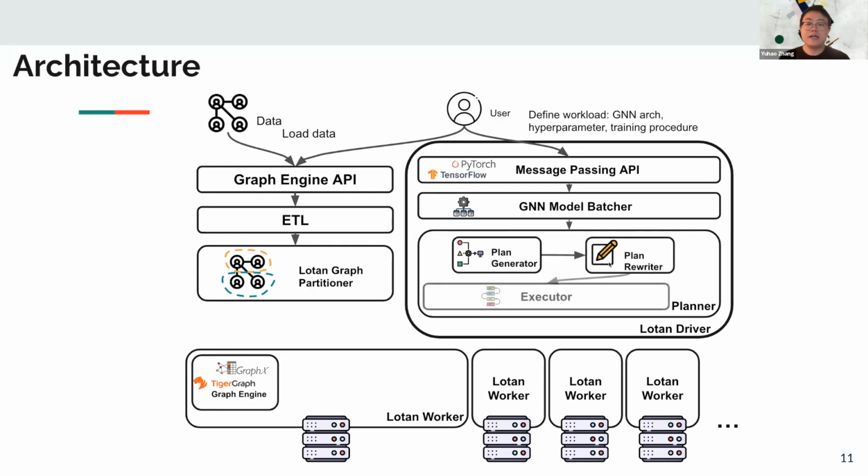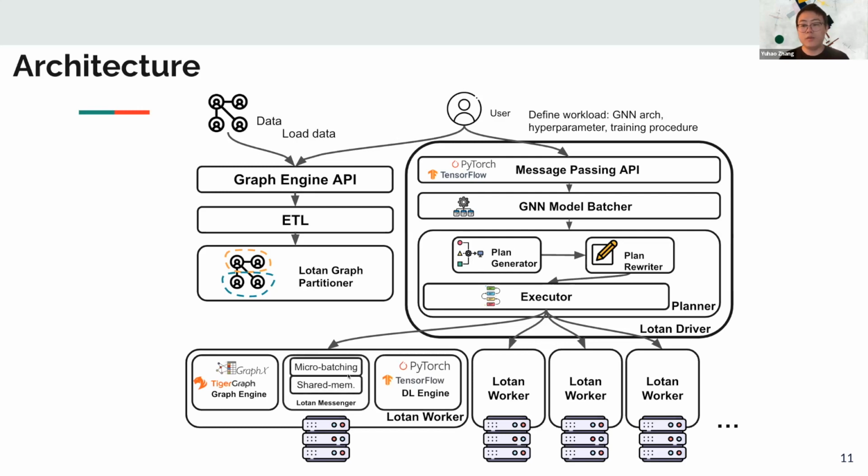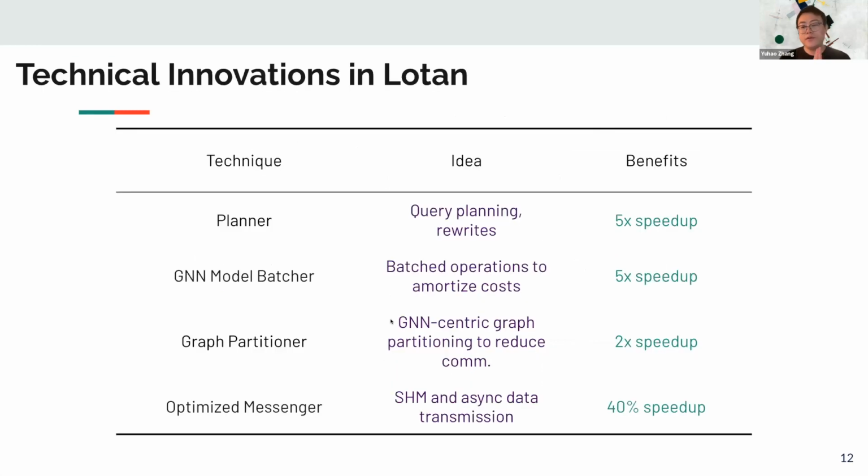The tasks are then distributed to the backend graph engine and deep learning engine, which I mentioned earlier are existing systems without modifications. Between them is a component we call messenger to reconcile and facilitate efficient data transmission between them. And that was an overview of Loten.